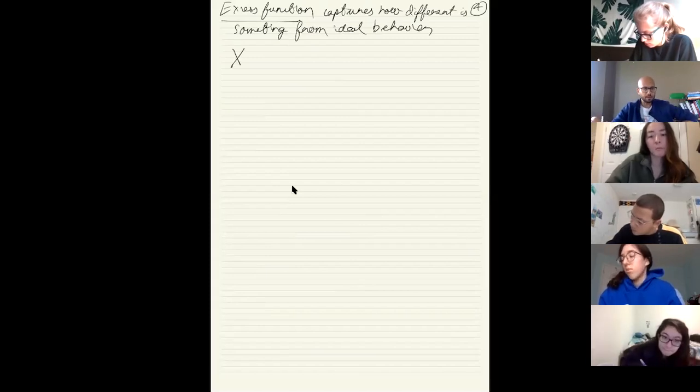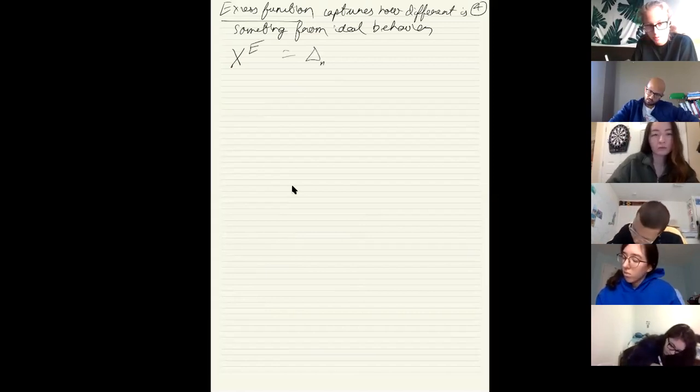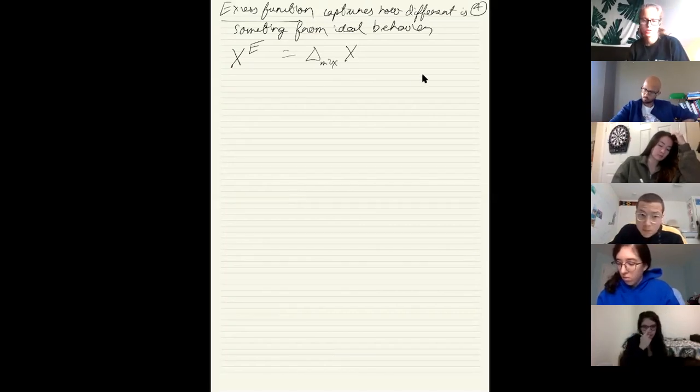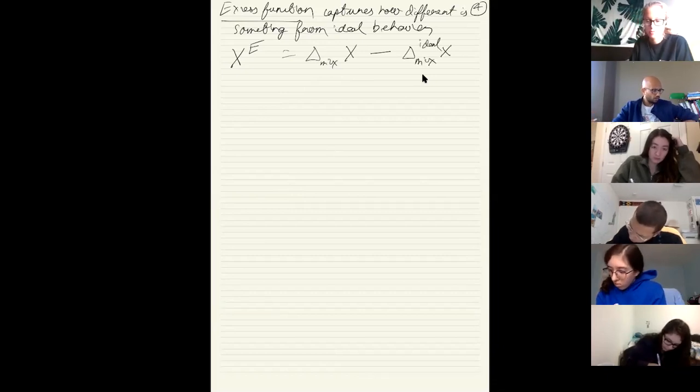It's got to be a state function, otherwise it just doesn't make sense to talk about it. If it depends on path, then what are we even talking about? And it is denoted as a X^E. This is delta mix: what is the change in that state function if you mix it in reality, not assuming an ideal behavior, minus what is the change in that function if you calculated it assuming ideal behavior?